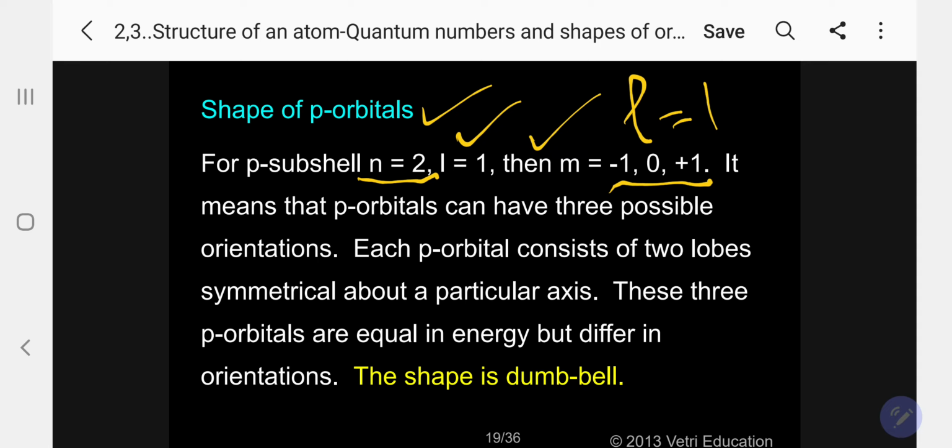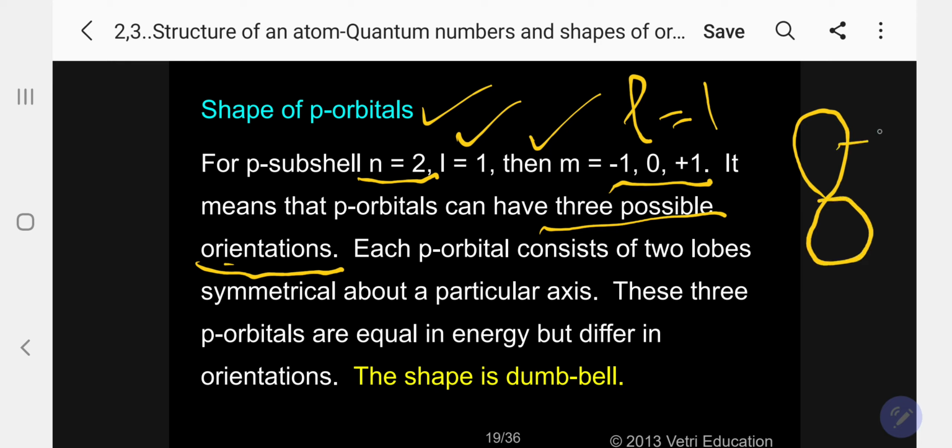It means that p orbital has 3 possible orientations. Each p orbital consists of 2 lobes. This is the p orbital, this is one lobe, this is another lobe, symmetrical about a particular axis.